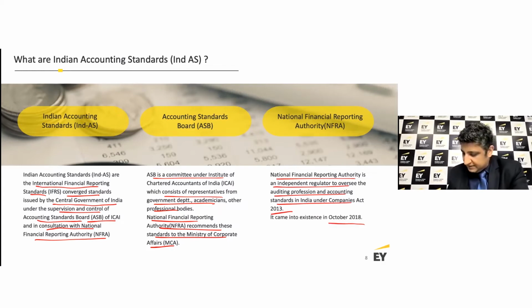It came into existence very recently, in October 2018, considering that many instances had unfortunately taken place in the accounting and auditing profession where some corporate frauds were brought into limelight, and that is where an independent regulator had to be brought in, right? Who could oversee whether these auditing standards and accounting standards are being applied in their spirit, rather than only for the sake of putting them across, right?